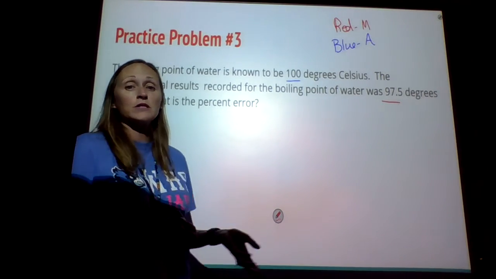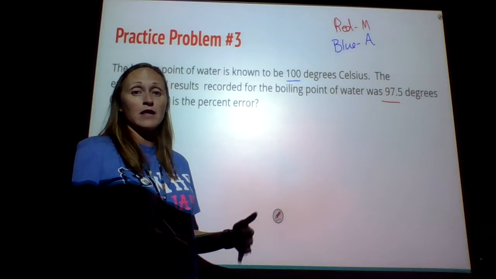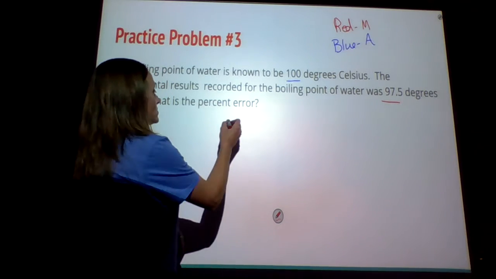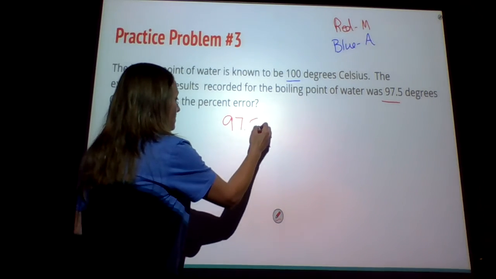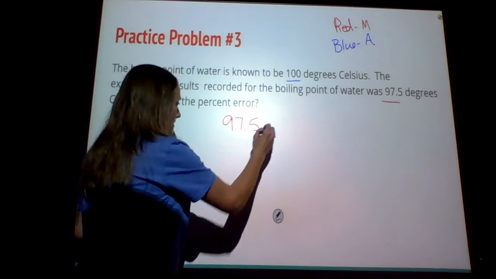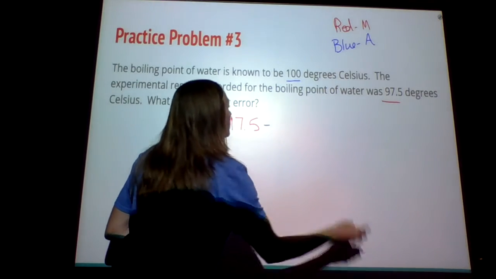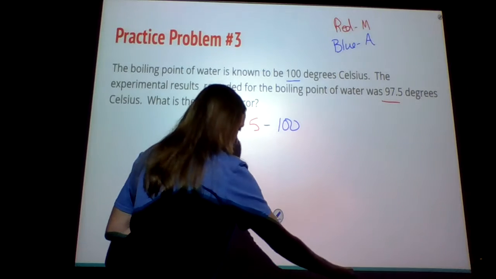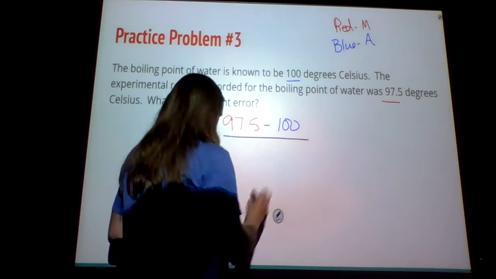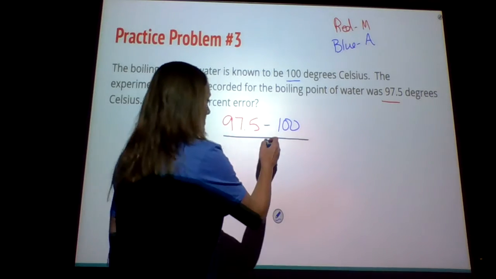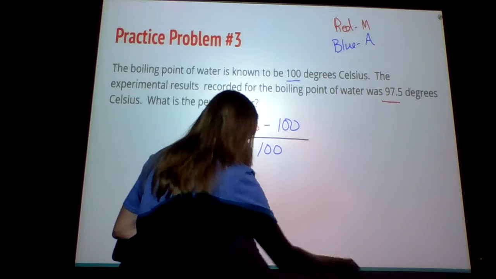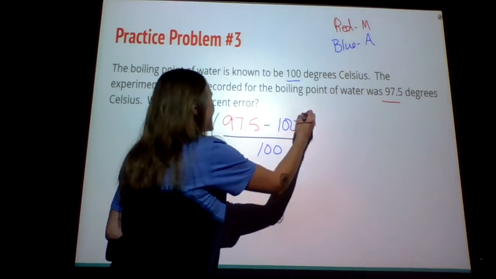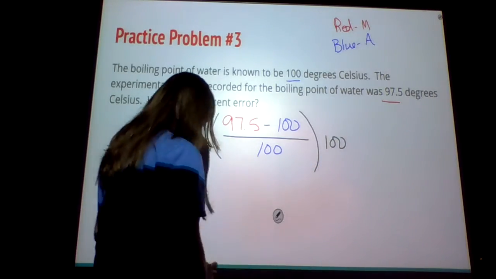Remember, your formula is measured minus accepted, divided by accepted, times 100. So we have 97.5 minus 100, divided by the accepted value again, which is 100, times 100.